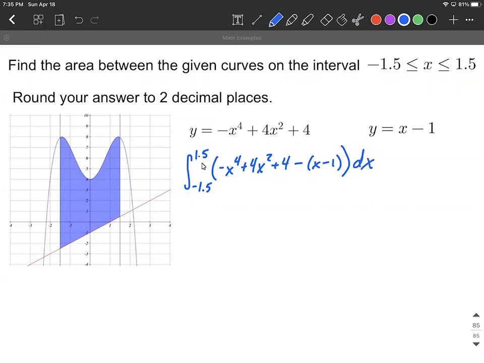All right, from this point, what we want to do is just do a little bit of simplifying. What I would do is think about distributing this negative to both these terms, get rid of that set of parentheses, and it'll look a little bit nicer.